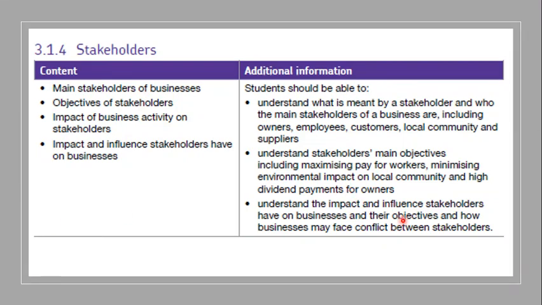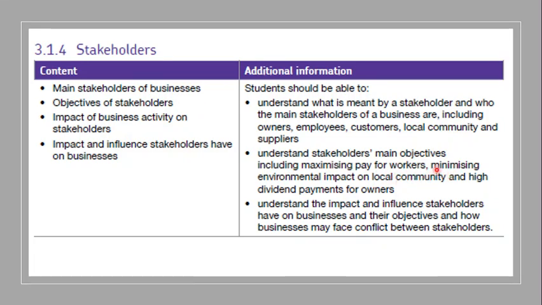This video is going to look at why businesses might face conflict between their stakeholders because of the objectives of stakeholders. Just to confirm, I did go through the main objectives of stakeholders in the last video, but it does state in the specification here that workers' objectives tend to be around maximising their pay.